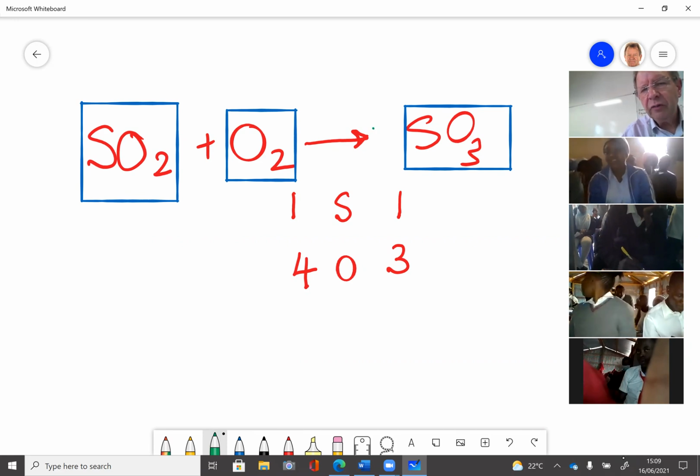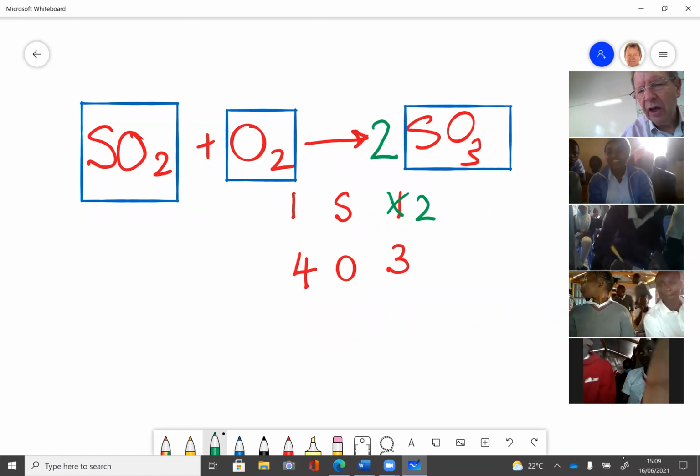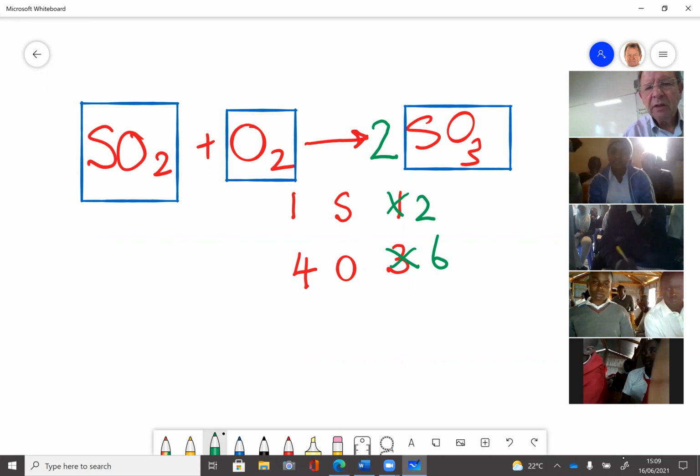So I'm going to go 2. Now on this side, I have 2 S's. And now I have 6 O's. Do you see that? 2 boxes. In the box, there is 1 S and 3 oxygens. 2 times 3, 6. Oh, this has made it much worse.